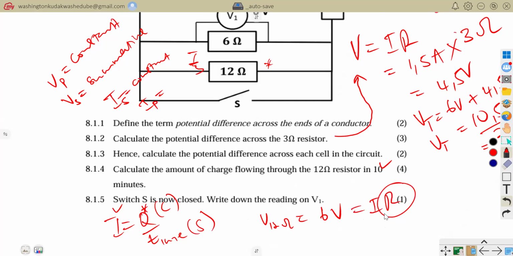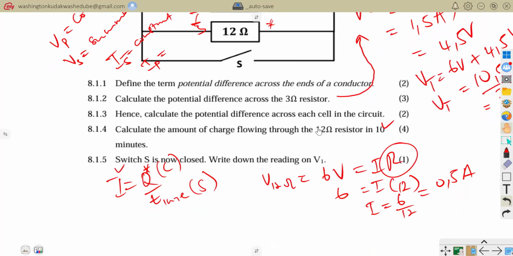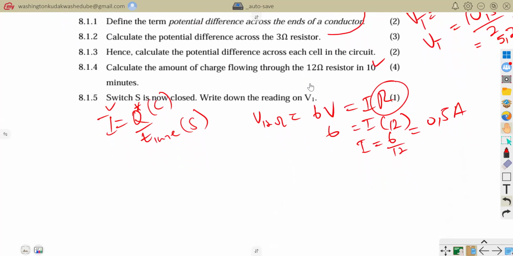The resistance there is 12 ohms. So my current, I can be able to find it. So my current will just be equal to 6 over what? Over 12. That is 0.5 amps. Because I'm saying that the voltage across a parallel circuit is what? Is constant. Now that I have found my current, that is the current that is passing through the what?